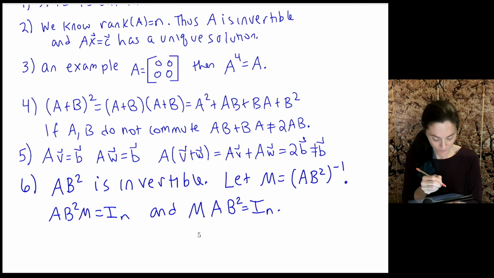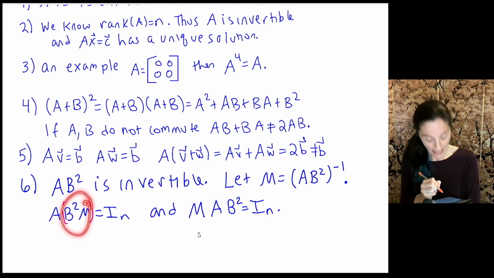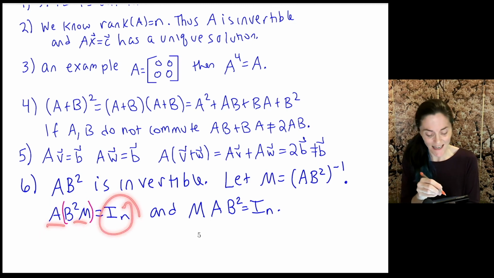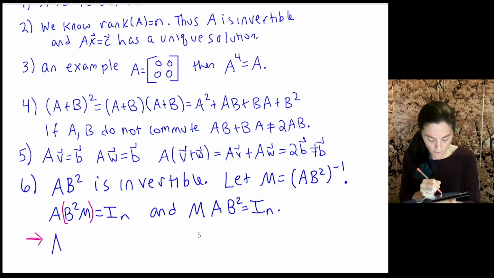So look, I have a product. This is an n by n matrix, and A is an n by n matrix. I have a product of two matrices giving me the identity. This was one characterization of being invertible. So here, immediately from this, we see A is invertible. In fact, its inverse would be B squared times M.